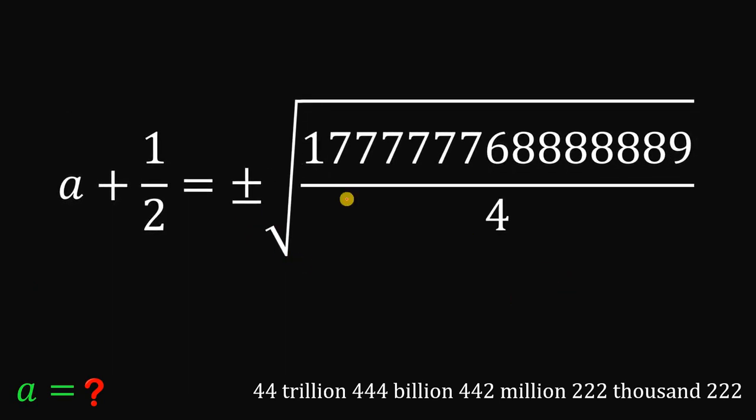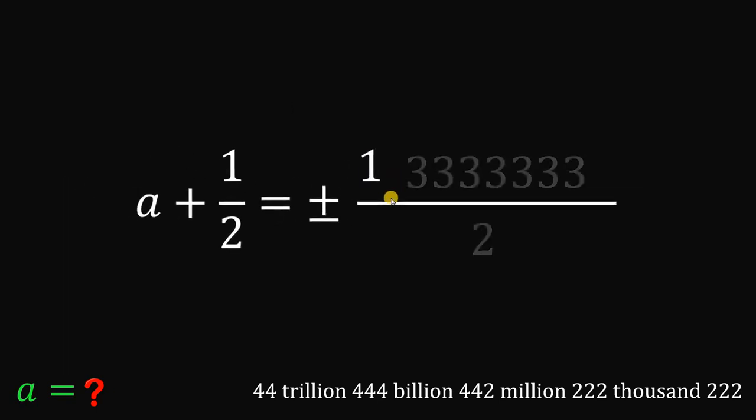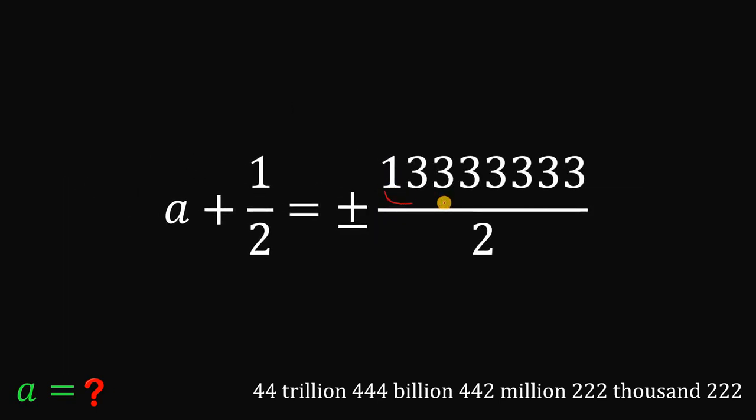And on the right hand side of our equation, the square root of 177,777,768,888,888,889, when we get the square root of this, we get a value of 13,333,333, and the square root of 4 will give us 2.